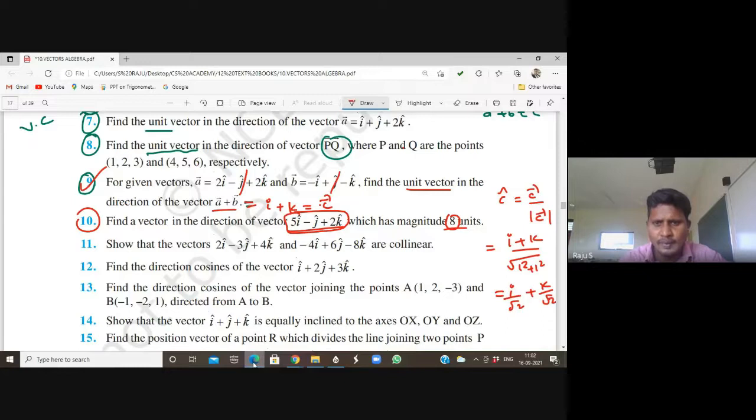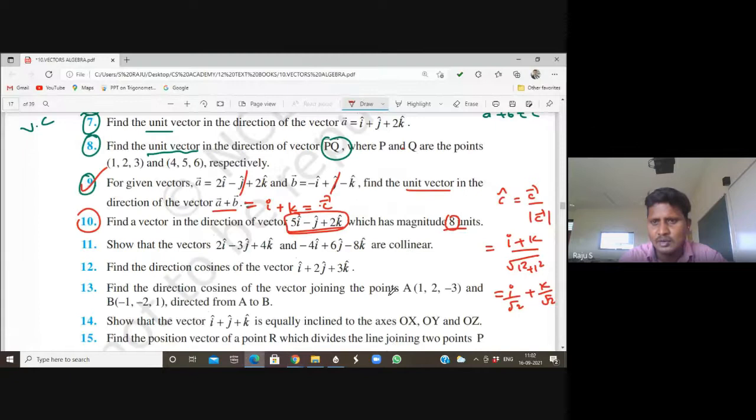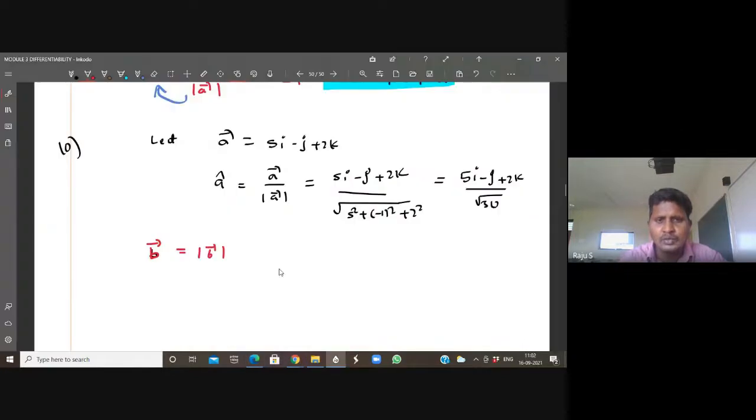So this is the unit vector, but they're asking to find a vector in the direction of A with magnitude 8. We need to find vector B. Vector B is equal to its magnitude, and the magnitude of B is clearly given as 8 in the question, times the direction, which means A cap.